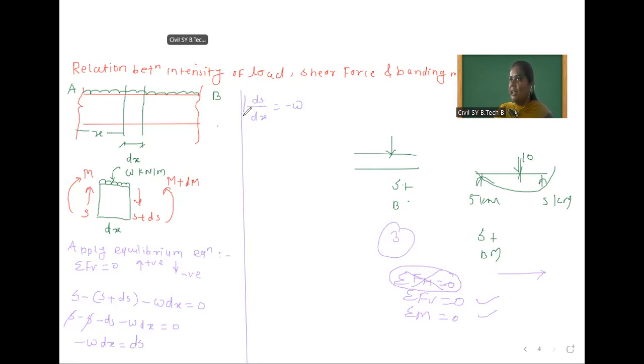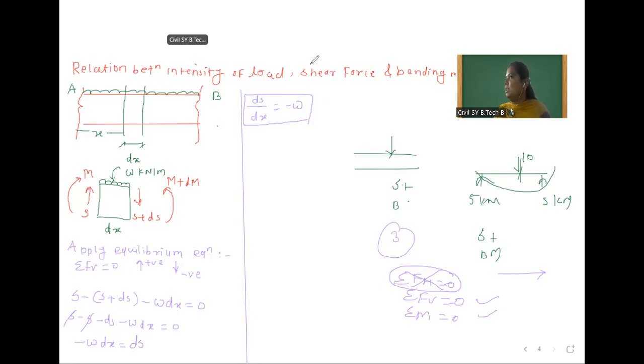This indicates that if you take the first derivative of shear force, you will get the value of load. जर तुम्ही shear force चा first derivative घेतला तर तुम्हाला load मिळतो. This is the relation between intensity of loading and shear force.